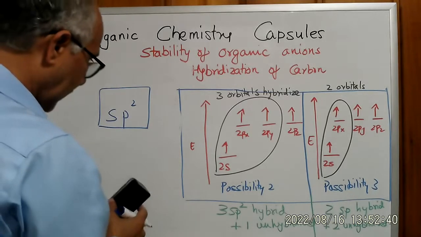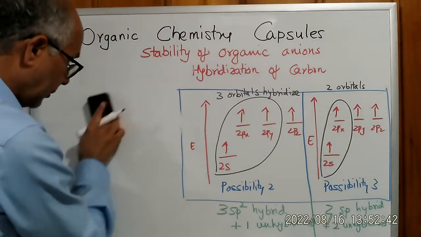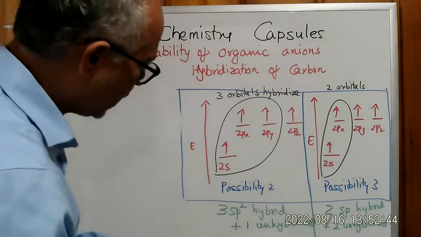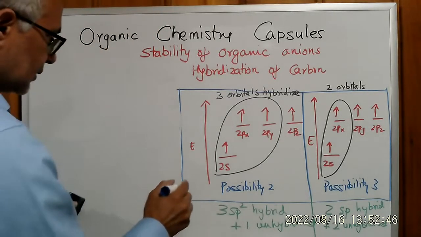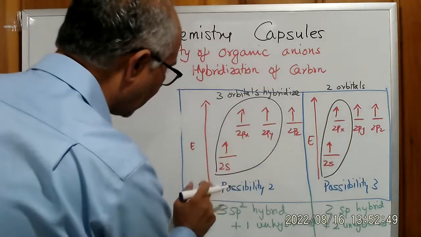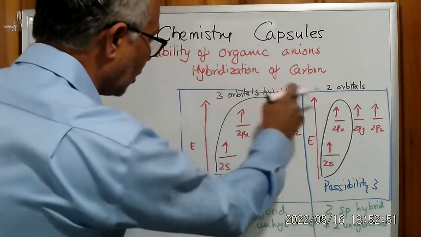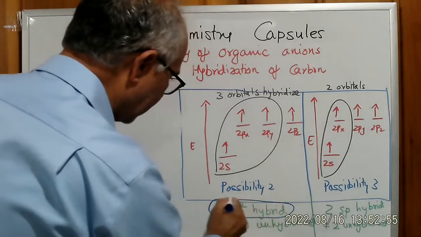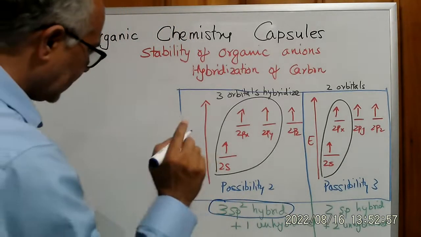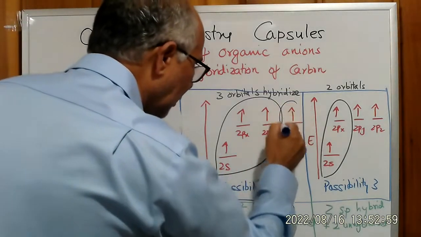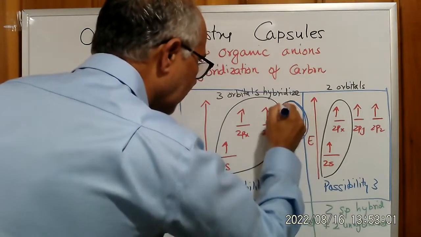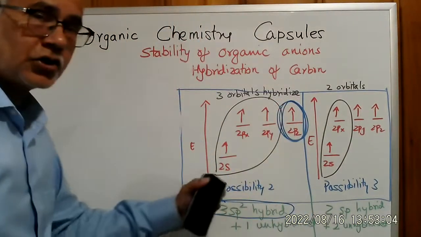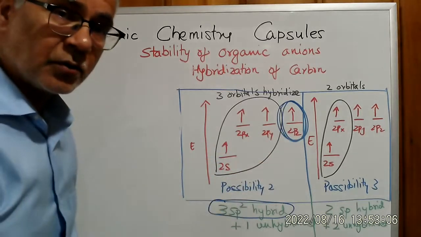And when carbon adopts sp2 hybridization, since 3 orbitals are involved, we get 3 sp2 hybrid orbitals. And then there's this unhybridized p orbital, with one electron in it.